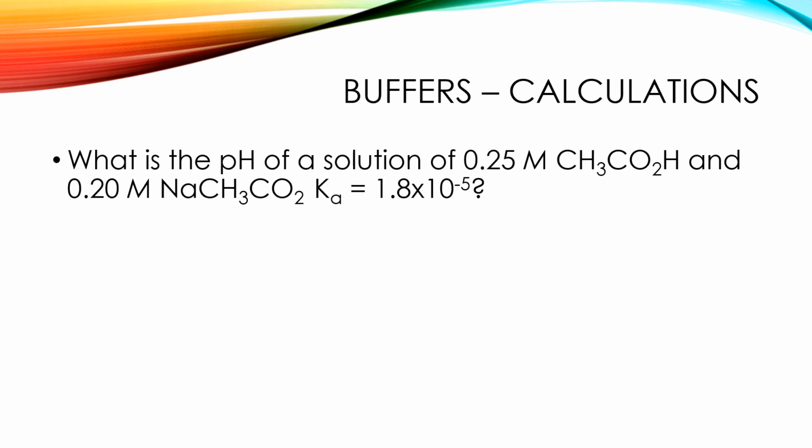So let's do a couple of easy buffer calculations. The first thing we need to do is determine, is this an acid with its conjugate base or a base with its conjugate acid? Because that will help us fill in the Henderson-Hasselbalch equation. What I see here is an acid with its conjugate base, because I have the anion left over when this gets rid of a hydrogen.